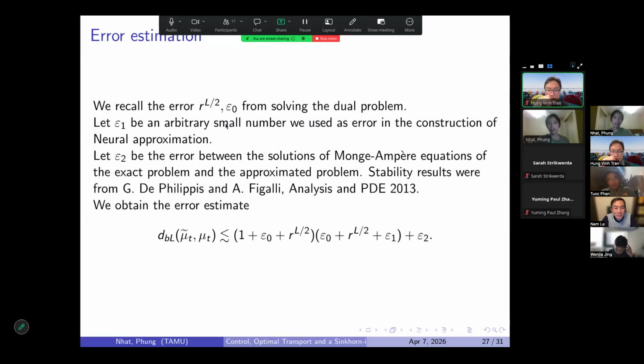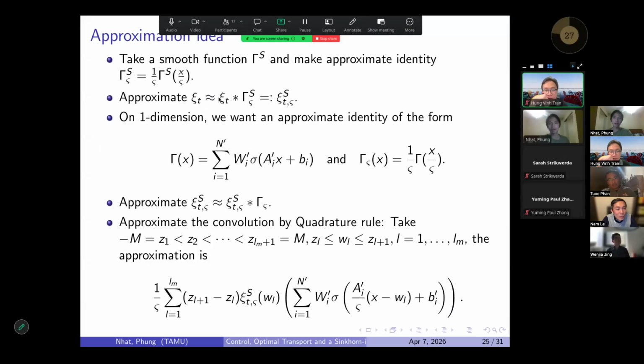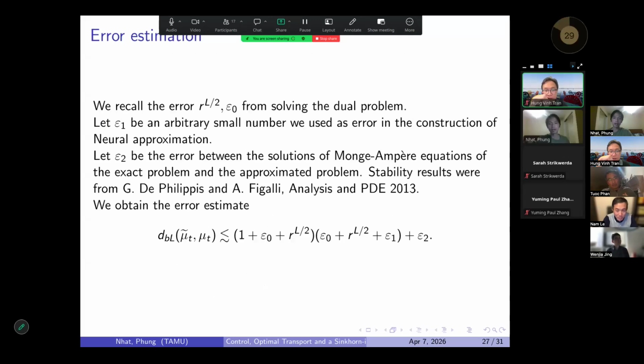And the final thing is the error estimate, where we have the error estimate from the dual problem that I mentioned earlier. We have the epsilon 1 from the construction of the neural approximation. We have a lot of approximation here, but let's say we have error epsilon 1, and then we have epsilon 2 between the solutions of the Monge-Ampere equation, because we have two Monge-Ampere equations as I showed earlier.